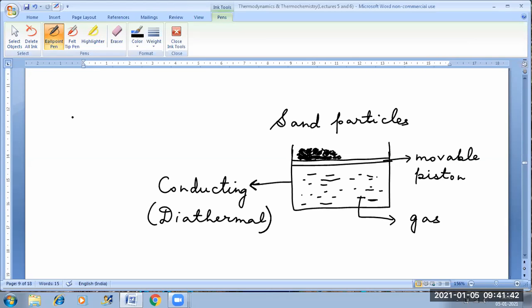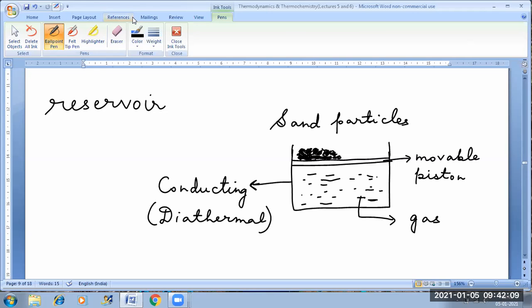So the atmosphere around, or the environment around my system, is like a reservoir. Why is it like a reservoir? It's like a heat reservoir, because it is much larger than the system under consideration.